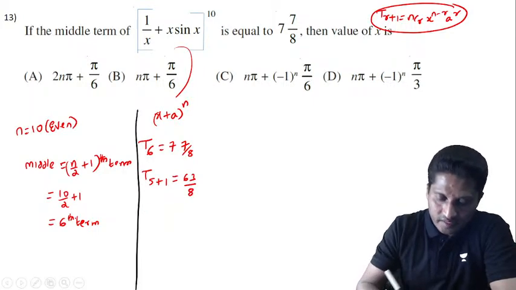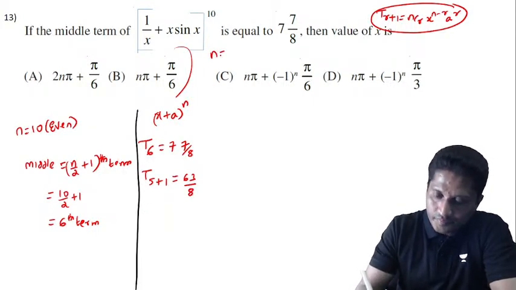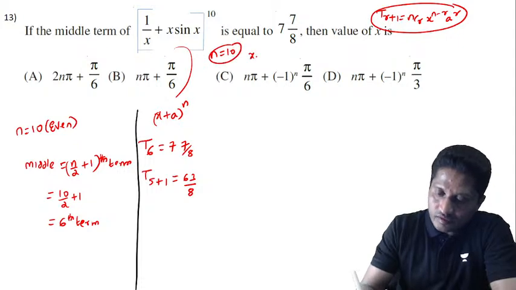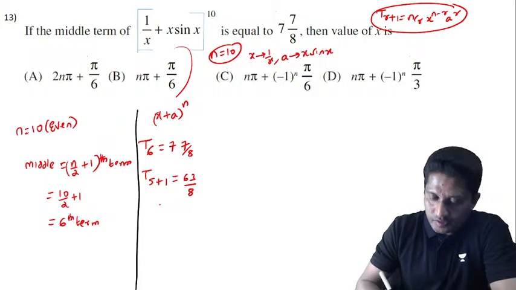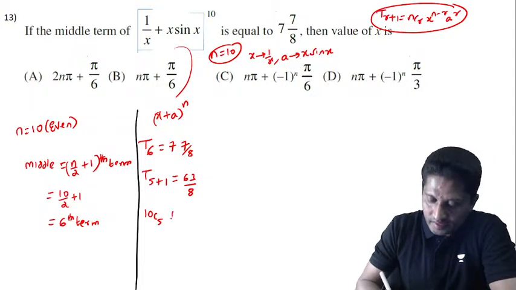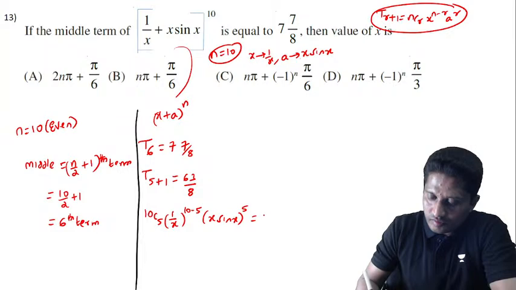If I compare, n is equal to 10, x is equal to 1 by x, and a is equal to sin x. T r plus 1 is equal to 10Cr (1 by x) whole to the power of 10 minus r into (sin x) whole power r, is equal to 63 by 8.